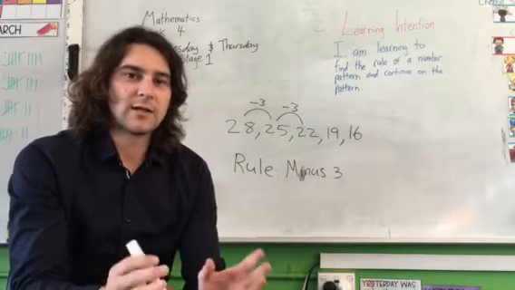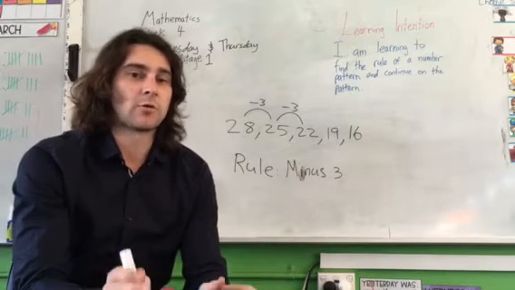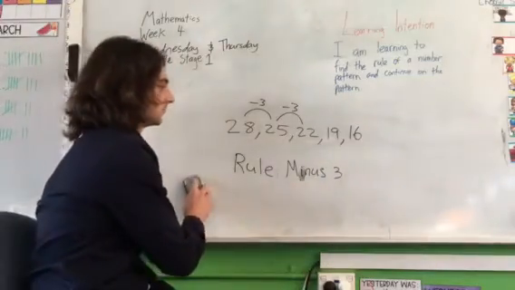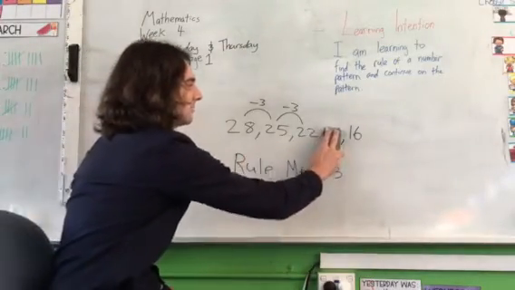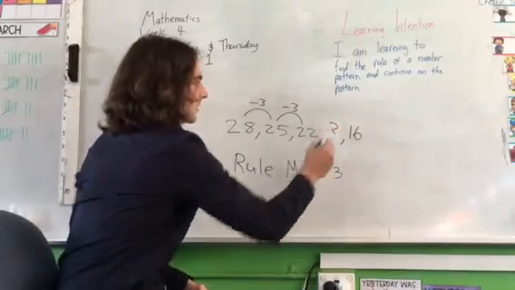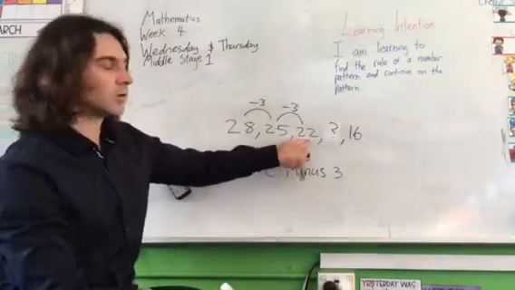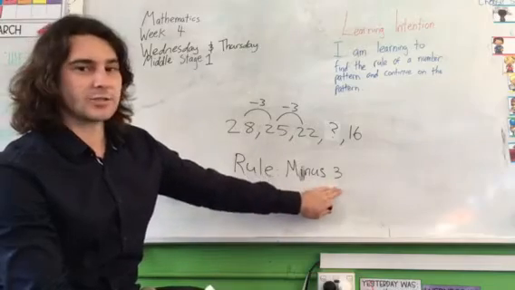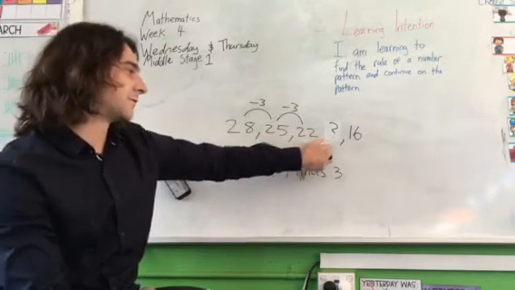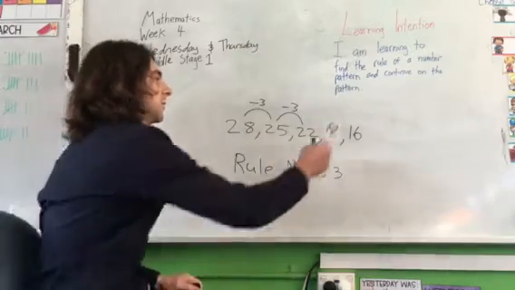Now, finding the rule is the first most important thing you can do, even if you have missing numbers. If I had 19 missing here and I didn't know what it was, I would still find the rule. I know that it's minus 3 and I would subtract 3 from 22 to find my number, which would be 19.